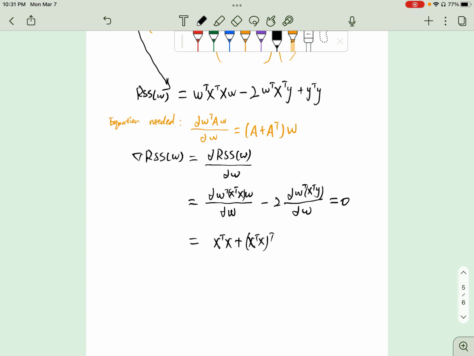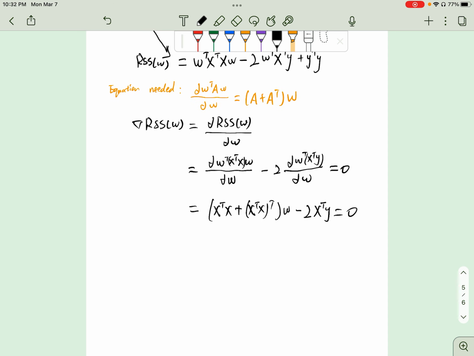I take A transpose because this has a transpose, and we have omega, and we minus. So this one we have proved why this is true. So this one will be equal to x transpose y, set equal to 0.